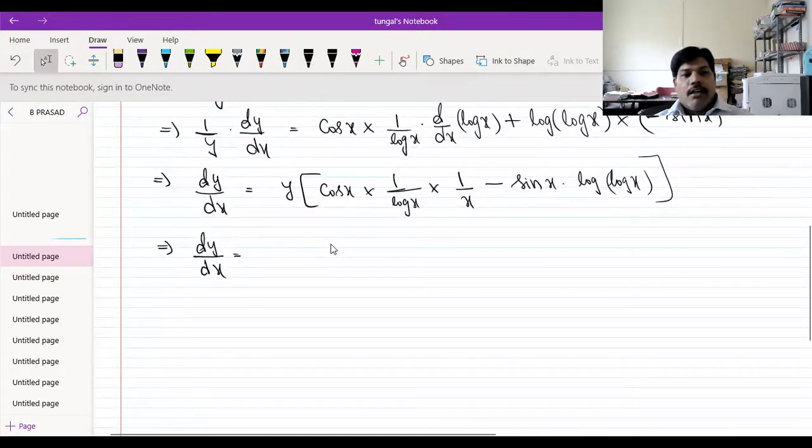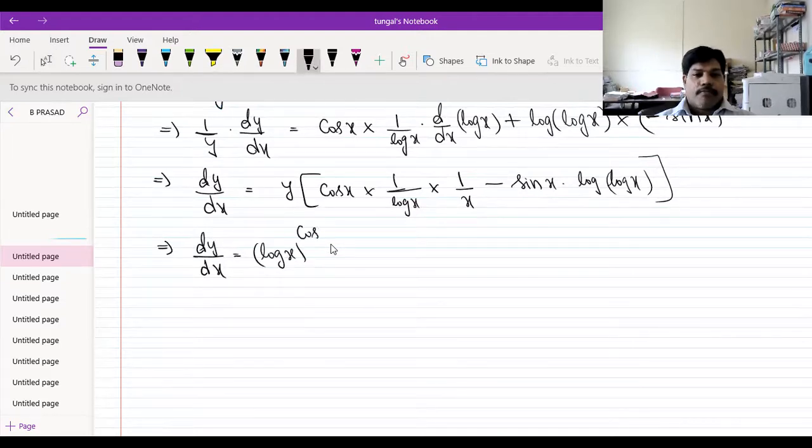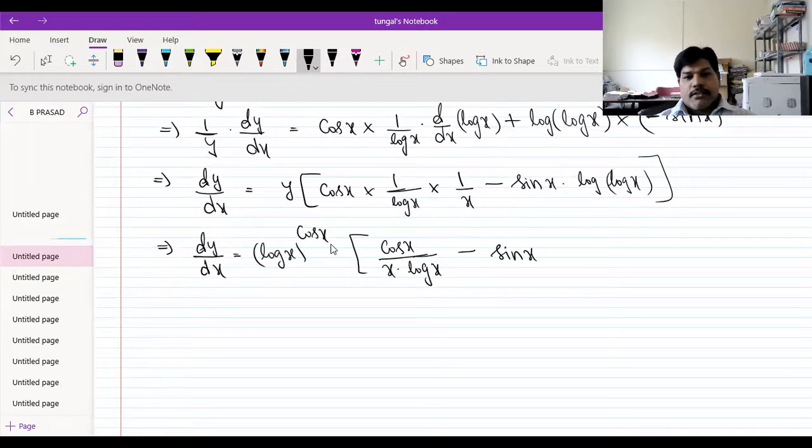So you can take that log x power cos x into cos x by x log x minus sin x into log of log x.